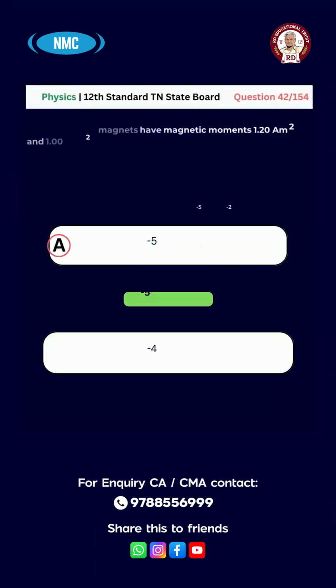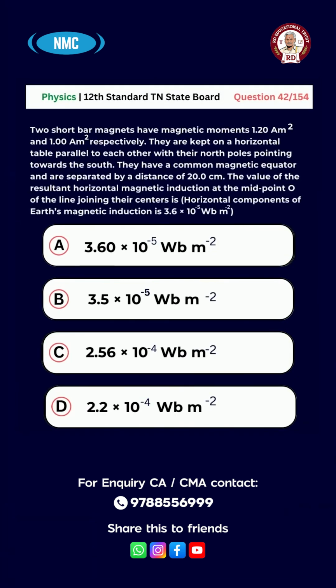Question number 42. Two short bar magnets have magnetic moments 1.20 Am^2 and 1.00 Am^2 respectively. They are kept on a horizontal table parallel to each other with their north poles pointing towards south. They have a common magnetic equator and are separated by a distance of 20.0 centimeter.